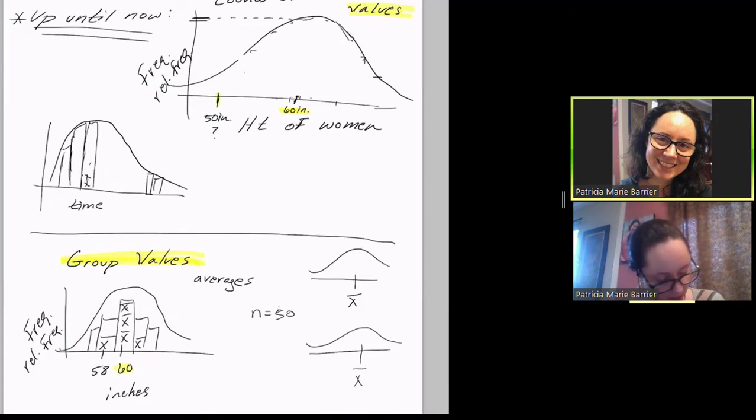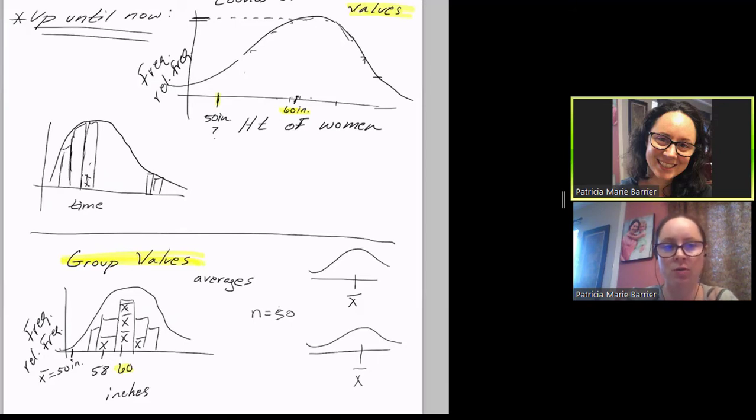Or would it be more reasonable, versus more unheard of, to have an entire average for a group at 50 inches? Which one would be more rare? Which one would be more acceptable?